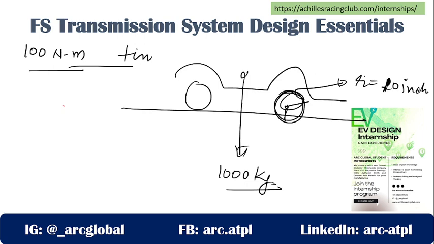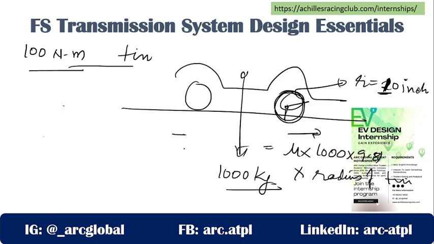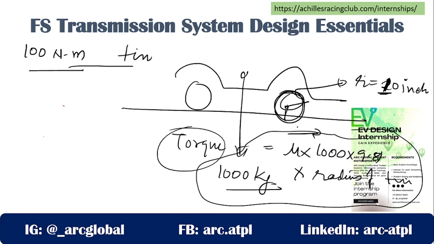Sorry, 10 inches. So the torque required to move it forward is mu into 1000 into 9.81 multiplied by the radius of the tire. This is the torque required to break it from the ground, from the stationary position, and move it forward. This is the minimum torque required to move it forward, my dear friends.